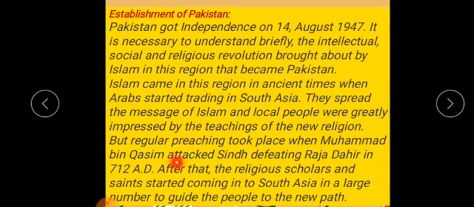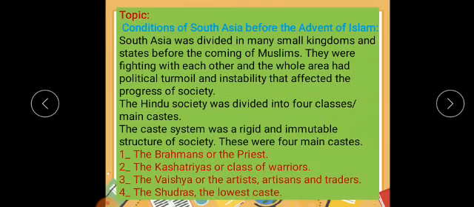After that, the religious scholars and saints started coming to South Asia in large numbers to guide the people to the new path, or the new religion, that is Islam.